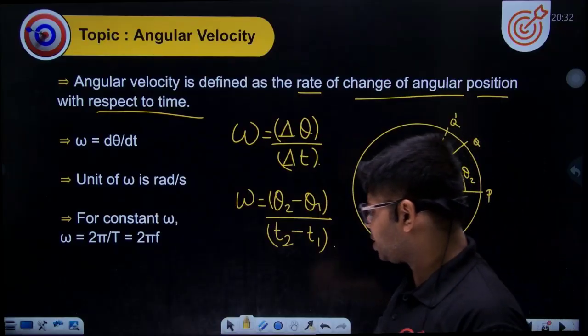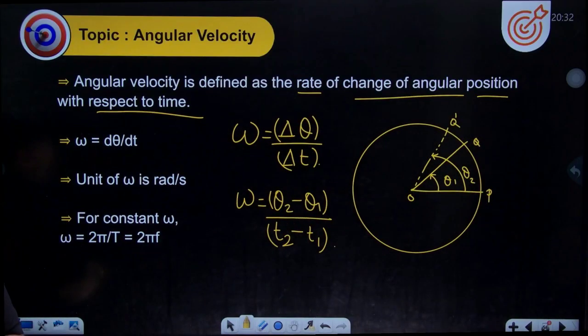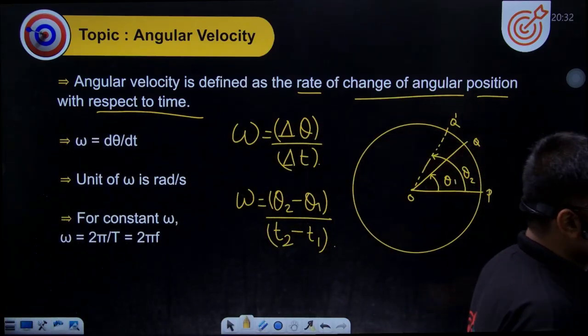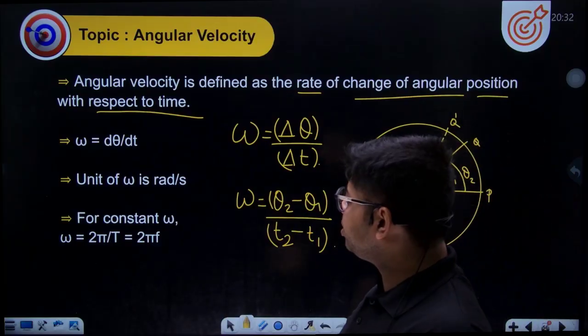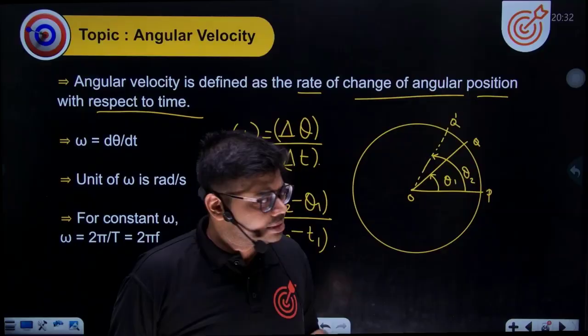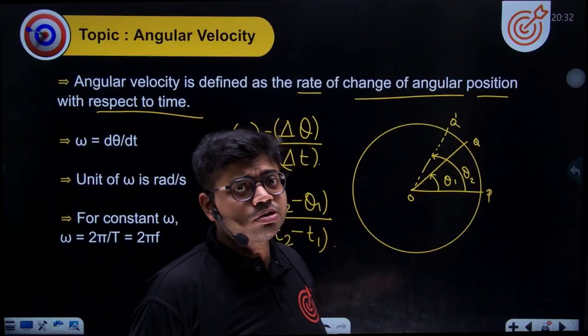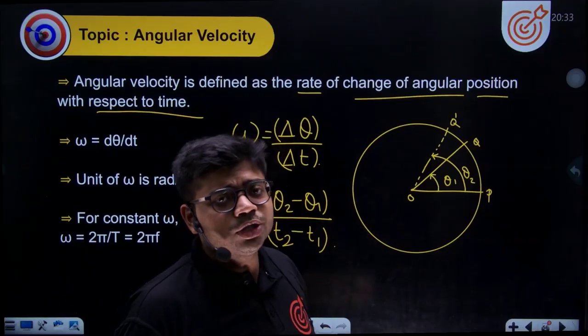Now here I have said one thing. What I have said here is that it is angular velocity. Now if it is angular velocity, that means this is the magnitude. Along with the magnitude, it will also have some direction. Direction will also be there, right? What is going to be the direction?